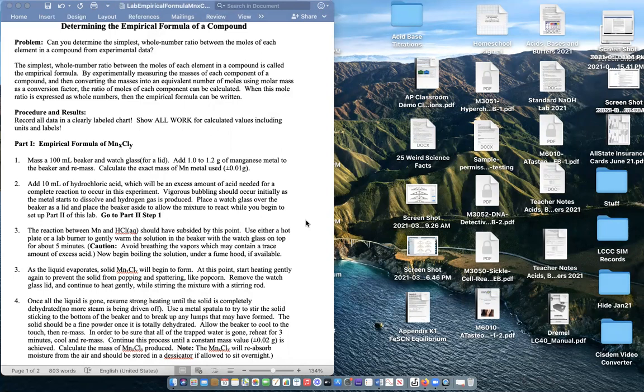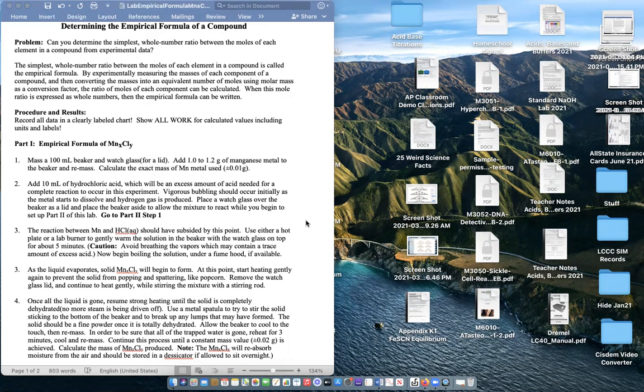So now it's a matter of just massing the final product, taking a look at the results: what the initial mass was of the beaker, what was the mass of the manganese when you put it inside there, and now what's the mass of the manganese chloride, using that data to calculate the empirical formula.